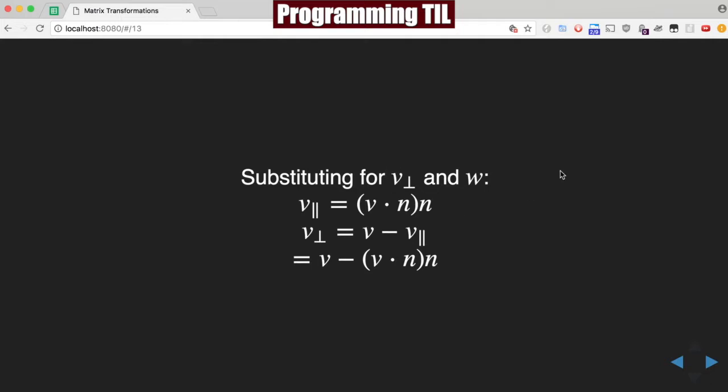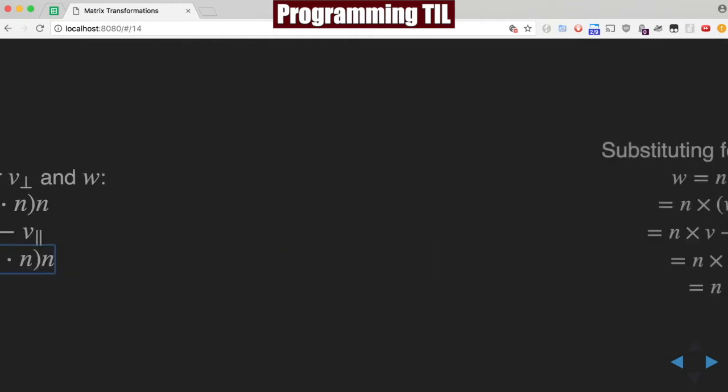So now we have all the formulas we need, and we just do a lot of substitution, just basic algebra. You can see we're going to substitute for v perpendicular and w here. First of all, we have v parallel from the previous formula, nicely given already. Next up we have v perpendicular, and that's equal to v minus v parallel. And since you know that here, we can substitute that, and you're given this nice little formula.